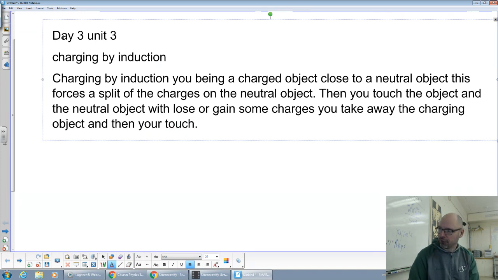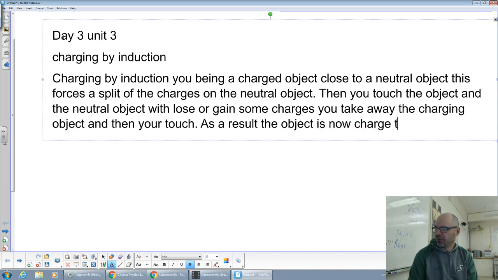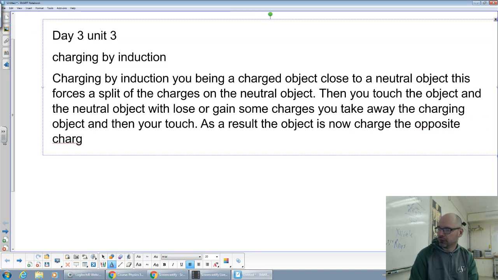Okay, as a result, the object is now charged, the opposite charge of what the charging object was.